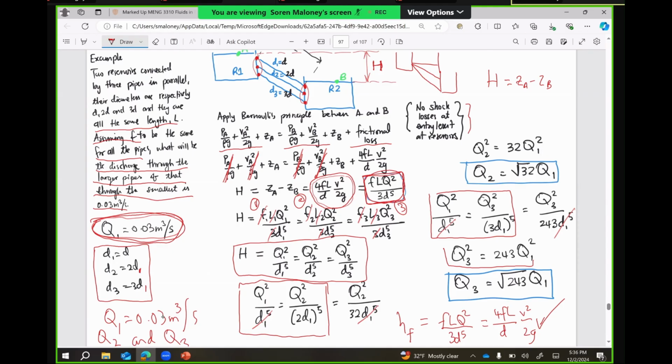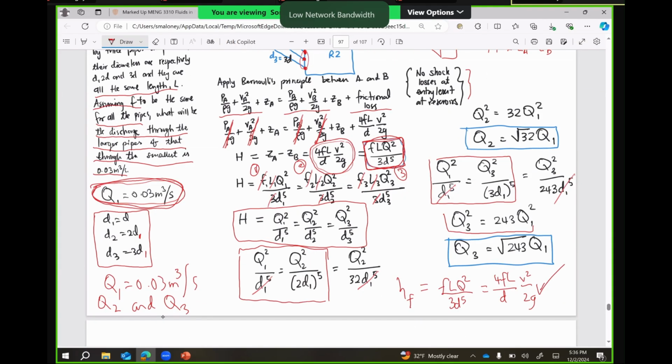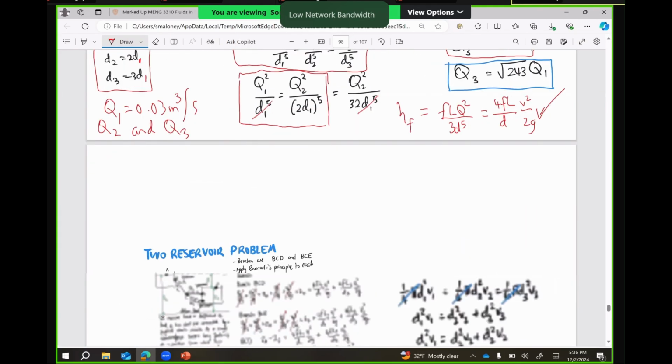Each term in that equation, including the frictional loss for your losses, is actually energy per unit weight. I want you to remember that. Don't forget it. Okay, so let's move on.